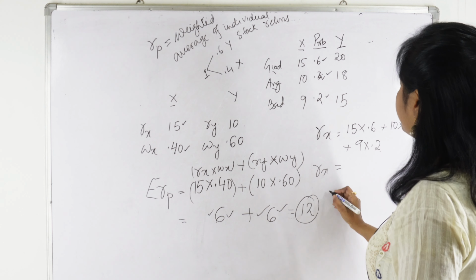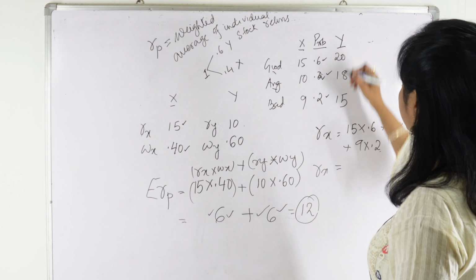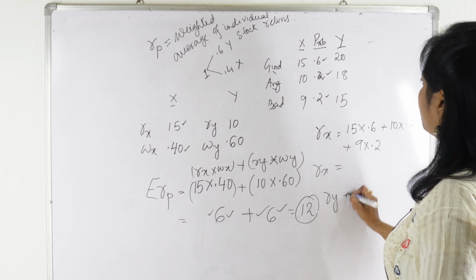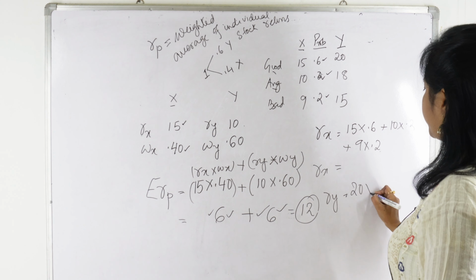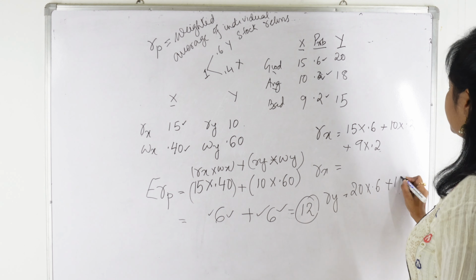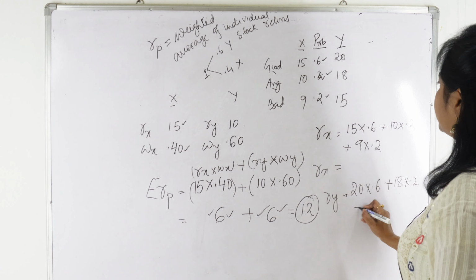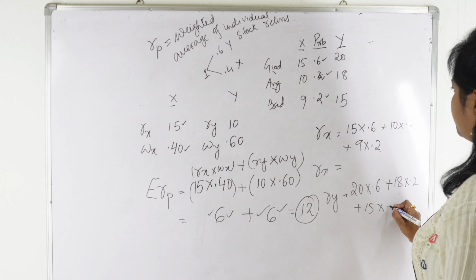Similarly, for Y also I will do the same thing. Expected return of Y: 20 into 0.6 plus 18 into 0.2 plus 15 into 0.2.